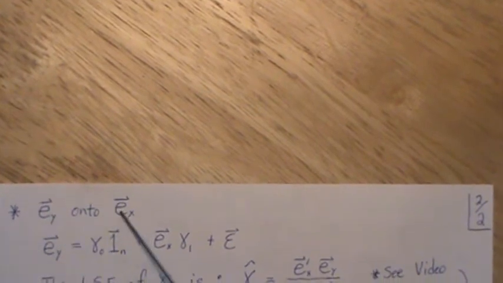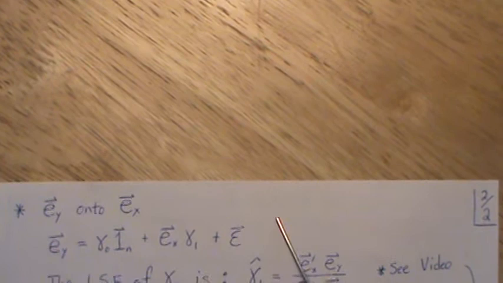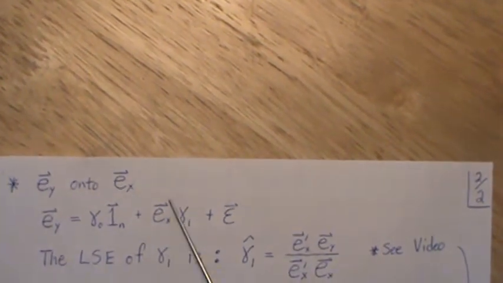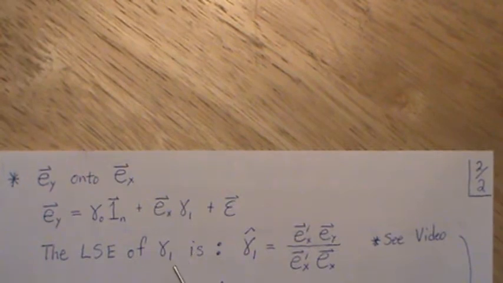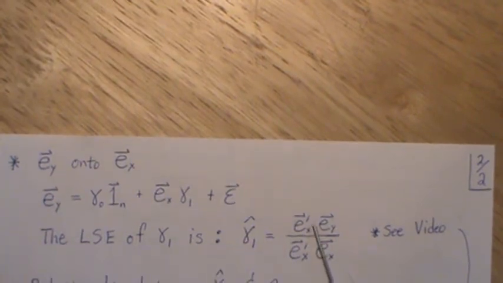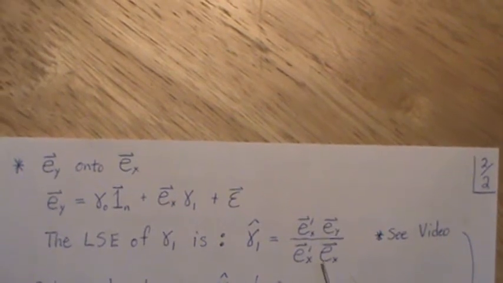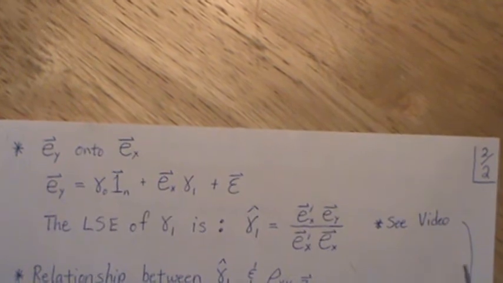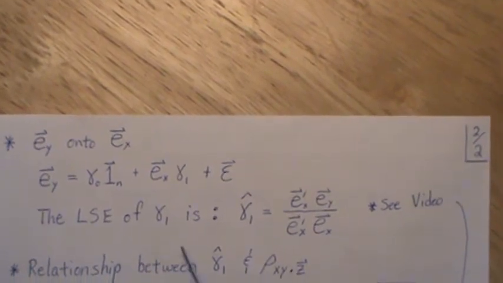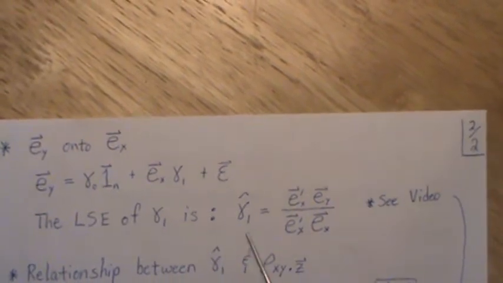Now let's just do an ordinary simple linear regression of y onto x, and that's this equation. Now the least squares estimate for gamma would be this. It's the cross product of x and y divided by some sort of variance associated with x. And I'm going to pass you off to a video which you'll see down below.